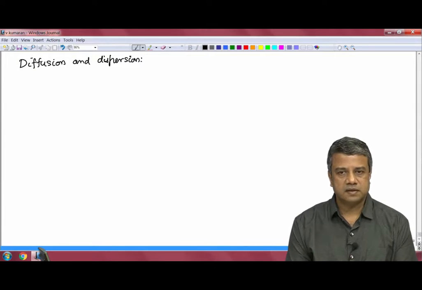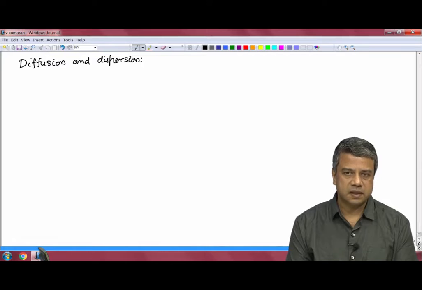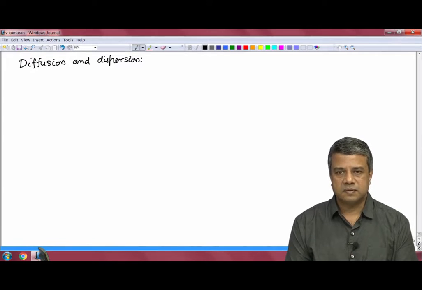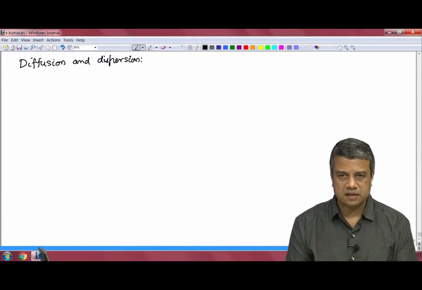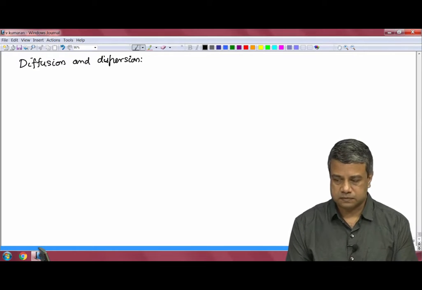And because of that, you could get a transport of mass or energy or momentum along the direction where there is a variation. So, diffusion is an isotropic process, the molecular fluctuating velocities have no preferred direction, and therefore, transport takes place in the direction where there is a variation of properties, and that is what is called diffusion.